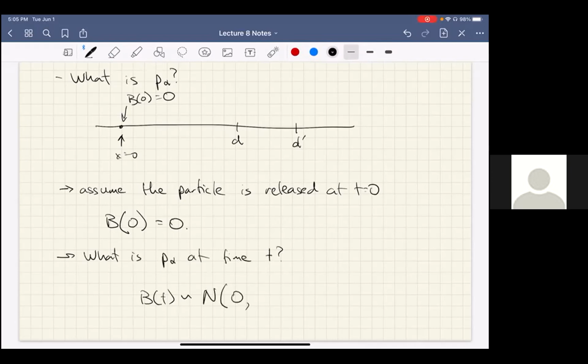The mean is simply given by the initial point, so if I started elsewhere other than 0, I would put that here. And the variance of the Brownian motion, I'm going to use the underlying variance of the Wiener process, sigma squared. That's sigma squared times t.